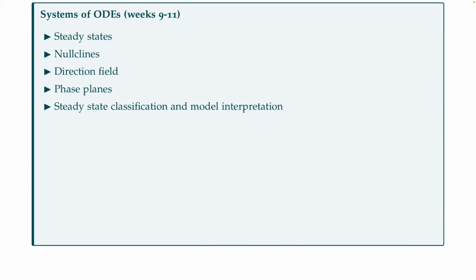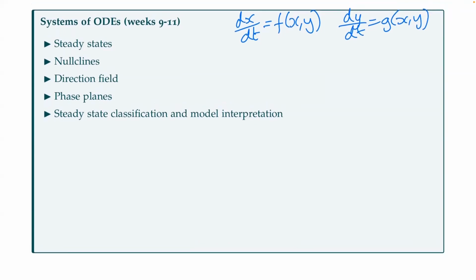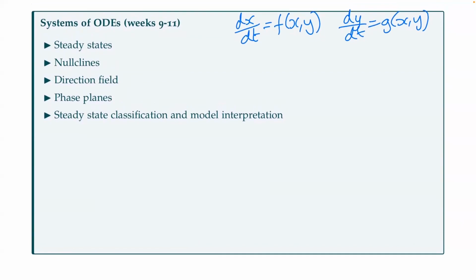Okay, so how do we analyze these? Well, the first thing we might want to do is find our steady states, same as fixed points or equilibria. So if we have, say, a pair of ODEs, dx/dt is some function f of x, y, and dy/dt is some other function g of x, y. This could, say, be a predator-prey model or a disease model. It could be a plant pollinator, plant herbivore, mutualism, competition.